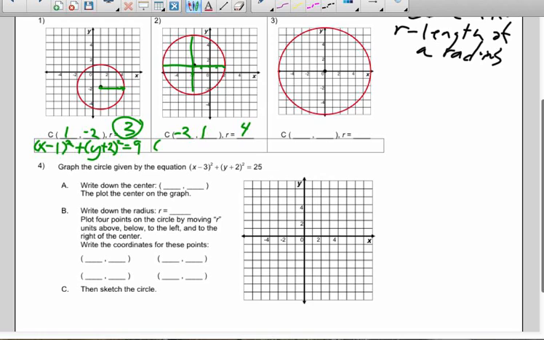Well, I start off with parentheses, then my x. Now because this is a minus, I'm going to change the sign, so it will be a +2 squared plus, and then y. So my y is a positive, so this will be a -1 squared equals, and then 4 squared is 16.